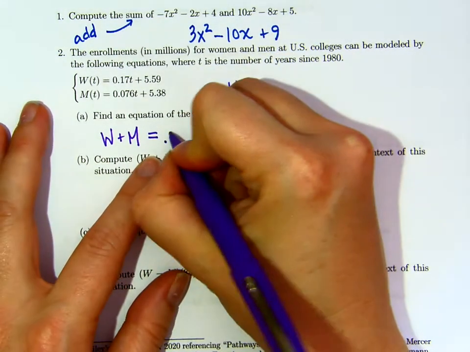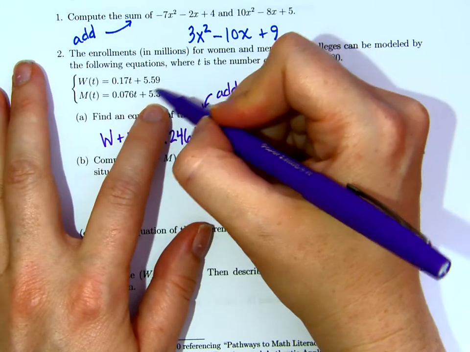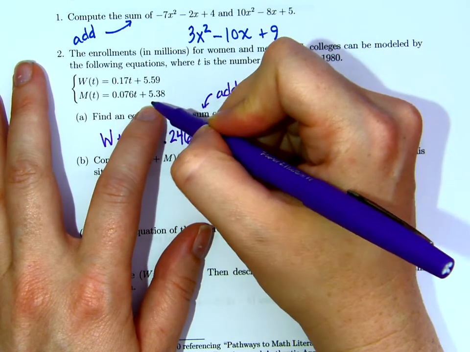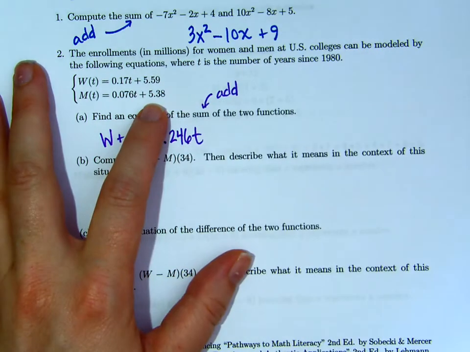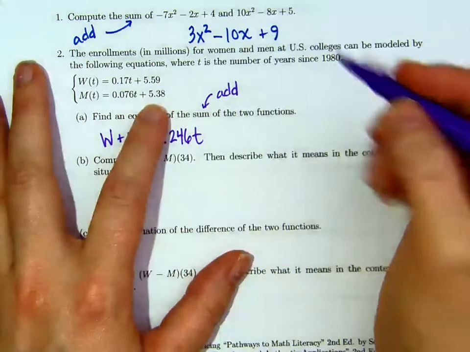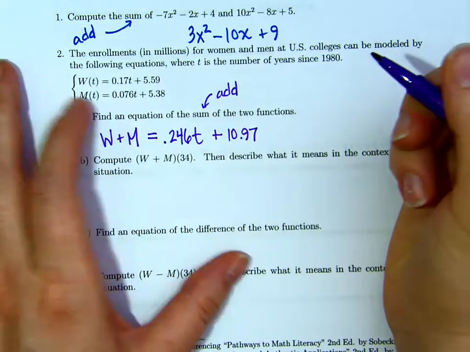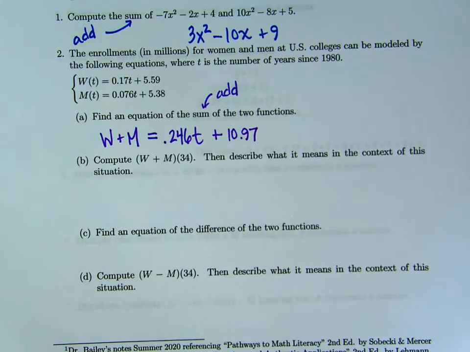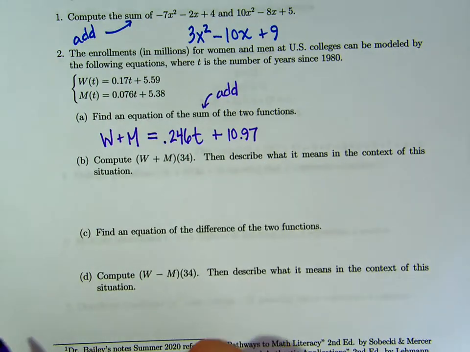That makes 0.246t. And then we have 5.59 million plus 5.38 million. Oh, how much is that? 5.59 plus 5.38 is 10.97 millions of people. Got it. We just added them together. Here are the t's, and we treat them like terms. And here were the non-t's, and we treated them like terms.